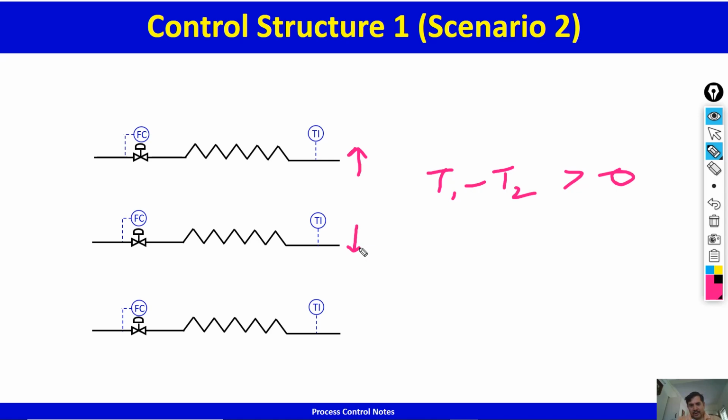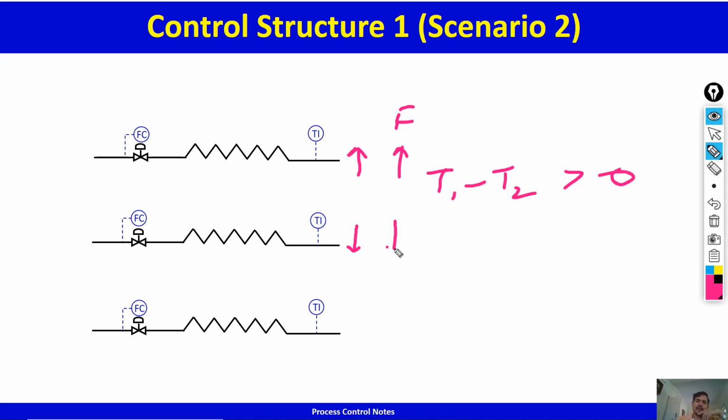Now, in order to drive T1 minus T2 to 0, I need the flow through this tube to increase, because I want the temperature to reduce. Temperature will reduce if I increase the flow through the tube, and if I decrease the flow through the other tube.